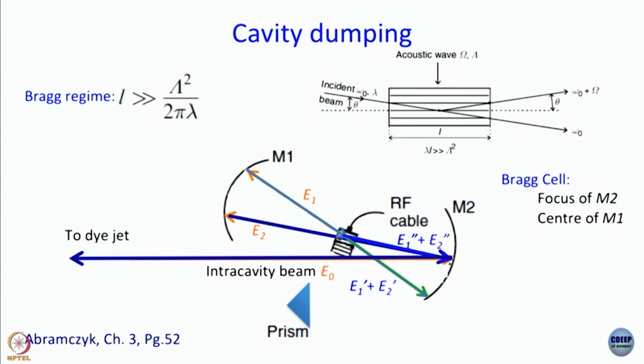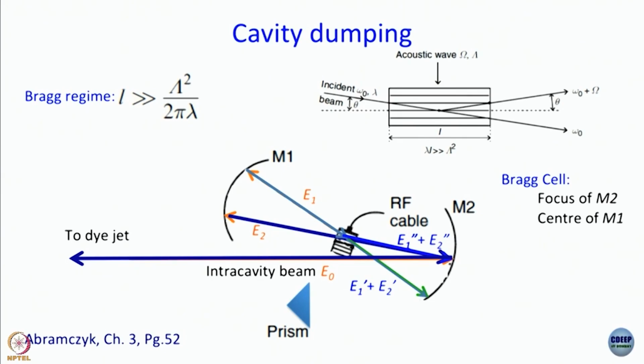Now, to complete the other part, what will the other part be? E2 after hitting M1 has come back to the Bragg cell. The part that has gone straight, we have called it E2 double dash. The part that bends, we can call it E2 dash. So, in this direction, we have a total field of E1 dash plus E2 dash. Okay? And now, see what has happened.